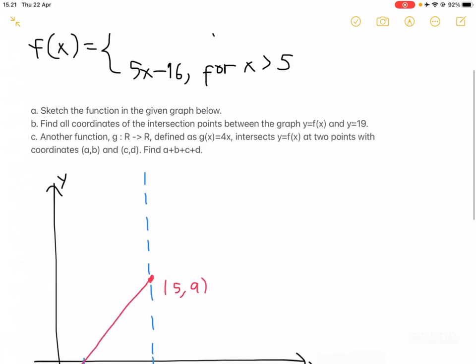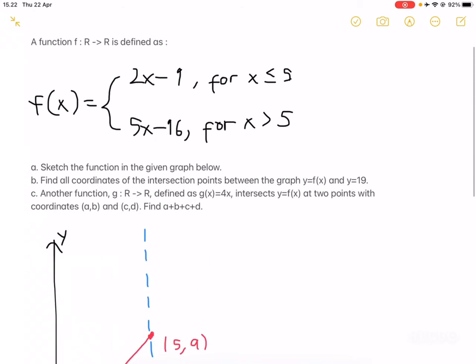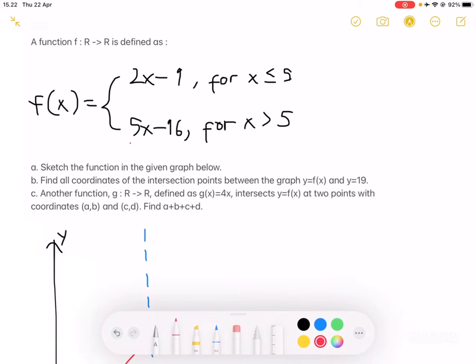Alright, so that is it for the first part, which is the domain defined for x less than or equal to 5. Now the second part is 5x minus 16 for x greater than 5. Now if you plug in x equals 5 into this, you'll notice that it is equal to 9.